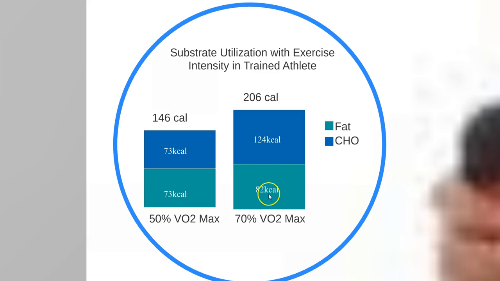But even though they burned less calories as a percentage of fat being used as a fuel, they still burned more fat calories than they would have if they'd run at 50%. So they burned more total calories. A lower percentage of those calories was fat compared to the percentage of calories burned as fat here, but more total calories were burned because there was a larger volume of calories burned total.